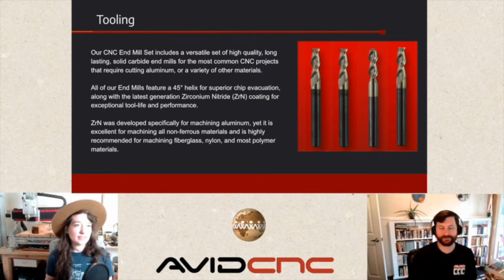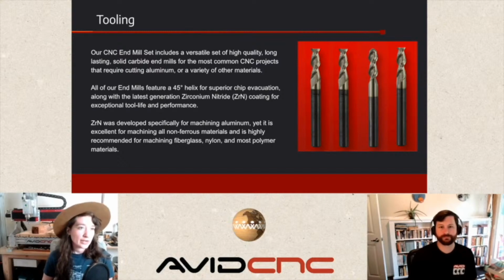Okay, so the router bits that we offer have a special coating called zirconium nitride, or ZRN coating, that's really exceptional for the tool life and the performance especially. So the ZRN coating was developed specifically for machining aluminum, but it's really excellent for machining all sorts of non-ferrous metals, and is also recommended for machining things like fiberglass and nylon, and other polymer materials as well.